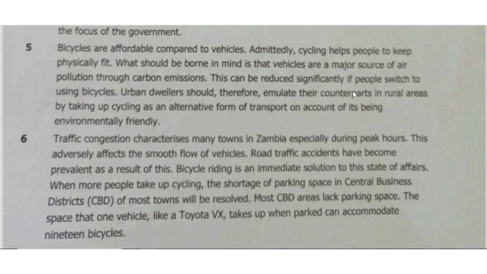What should be borne in mind is that vehicles are a major source of air pollution through carbon emissions. This can be reduced significantly if people switch to using bicycles. Urban dwellers should therefore emulate their counterparts in rural areas by taking up cycling as an alternative form of transport on account of its being environmentally friendly.